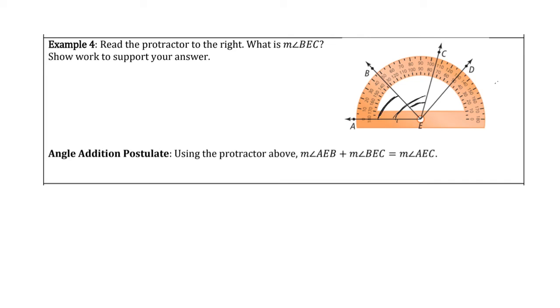So if we look at our angle addition postulate, it tells us that angle AEB, so that's this one right here, plus angle BEC, so that's this first one right here, is equal to the full angle AEC.